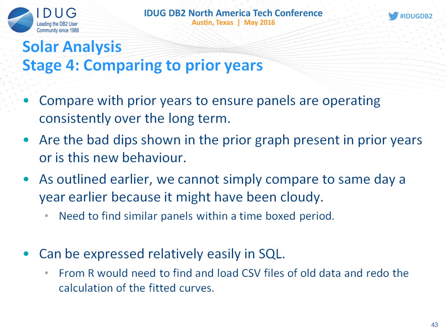Okay. So the next stage in the analysis is to compare with prior years. It's going to be very similar to what we did for the current day. We've picked our panels of interest in April, and now we're going to search back through time to find panels within a short time-boxed window that have similar production profiles, so that we can compare the residuals and the data points to say that, yes, this is within 2% or not.